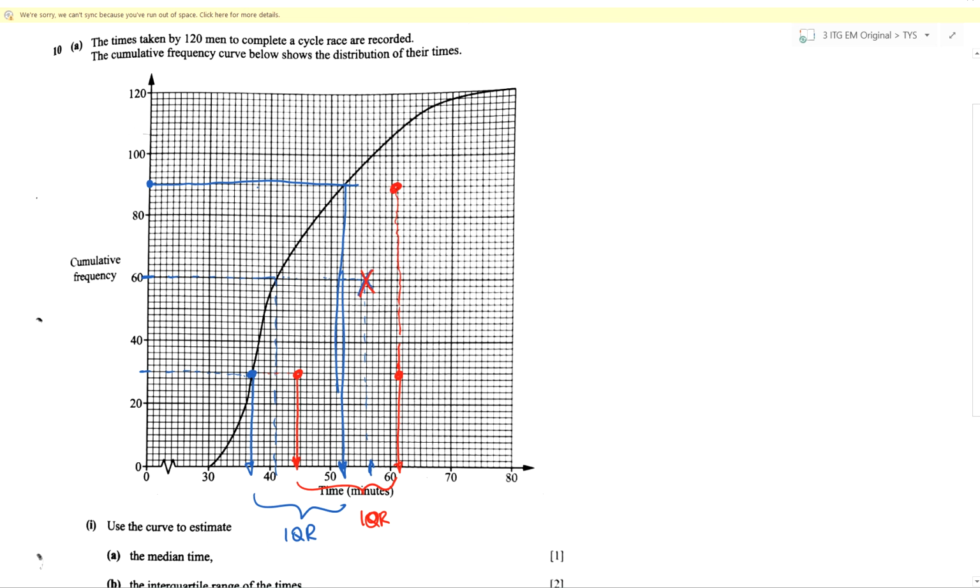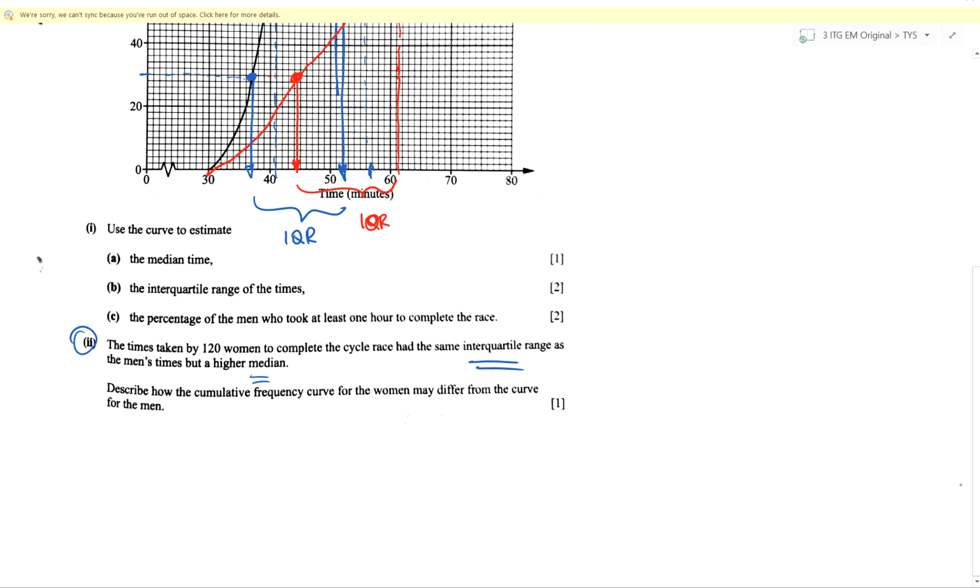So this is the upper quartile position, lower quartile position. Joining these points up, you see that the graph for the female is to the right of the males. So the description: the curve for females is to the right of males.